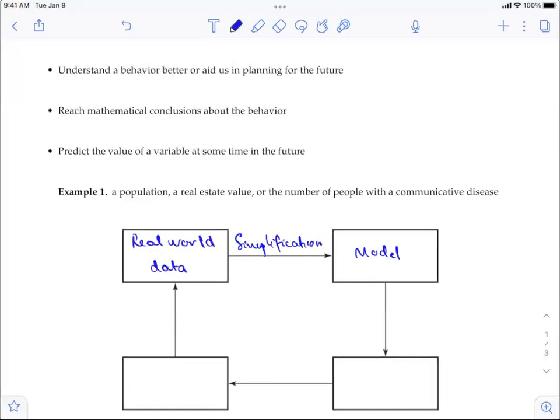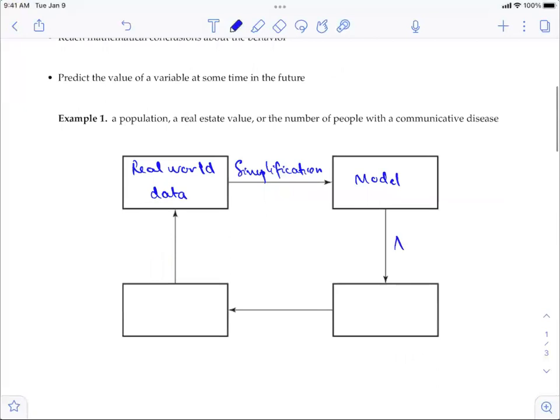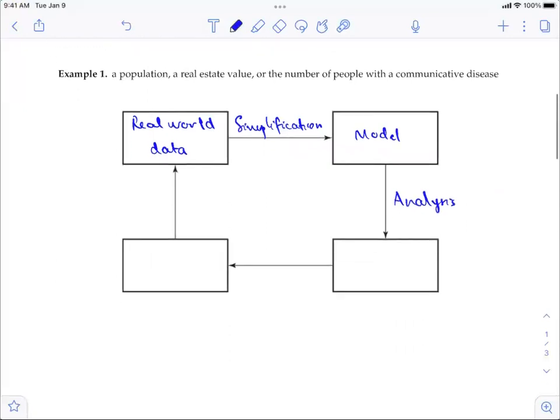And you use this model to do some analysis to come up with some mathematical conclusions. With these mathematical conclusions, you can actually answer questions that you raised at the beginning of doing the model.